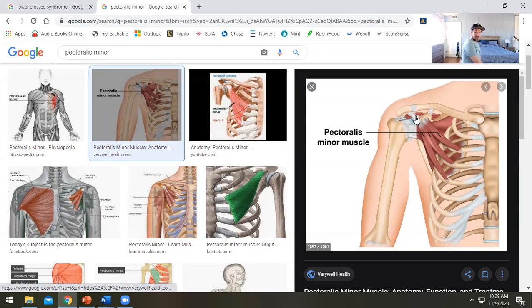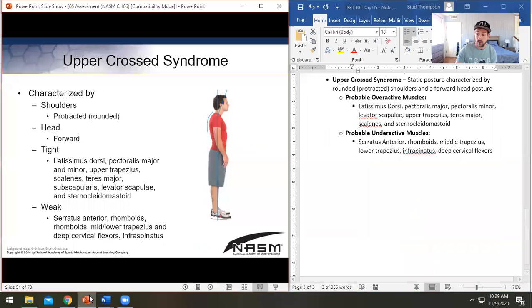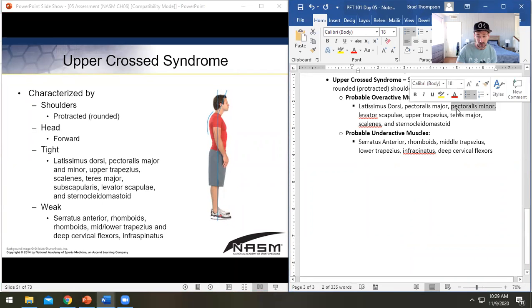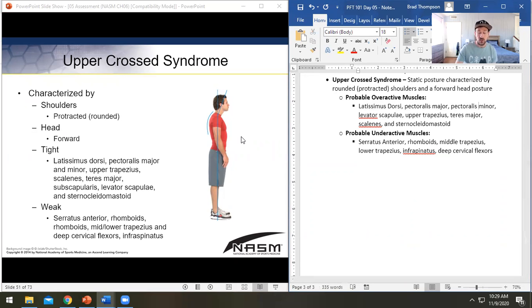It causes it here and it causes it here simultaneously. So really the two biggest muscles on this list, the real big bads, guys, are latissimus dorsi and pectoralis minor. Pectoralis major is a bad guy too, but trust me, this is the really big one. So that's addressing the rounding part of the shoulders.